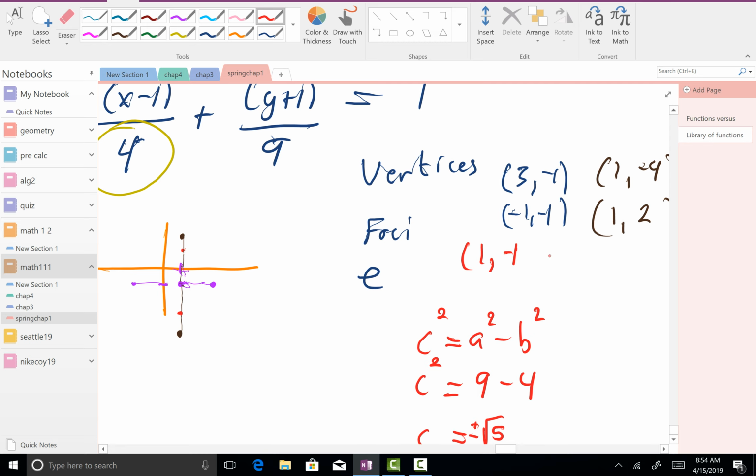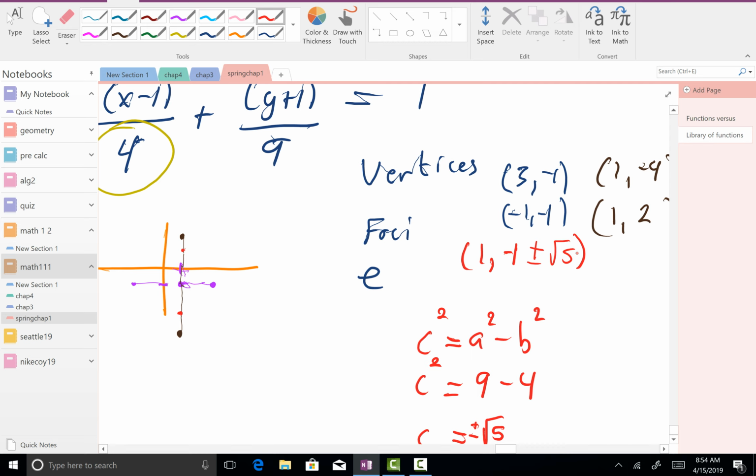So it's 1, -1 plus or minus the square root of 5. Cool. There's the foci. We're almost done.